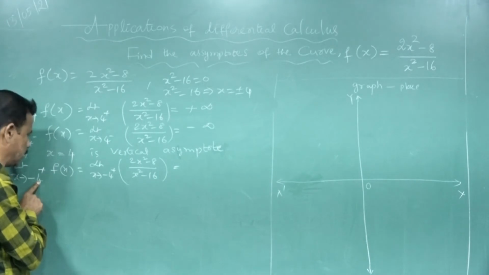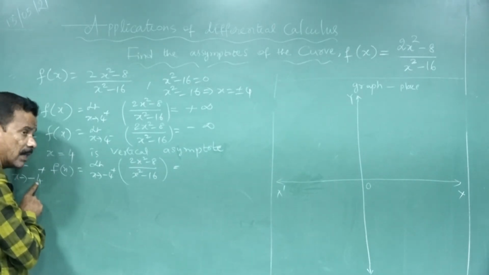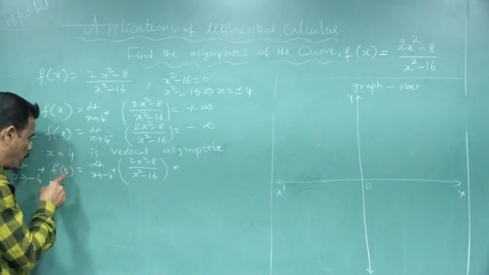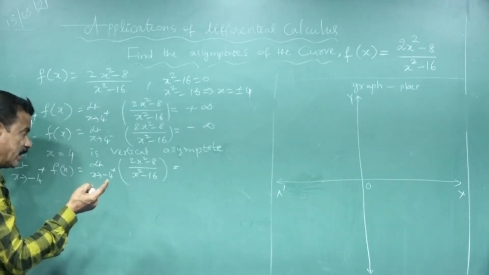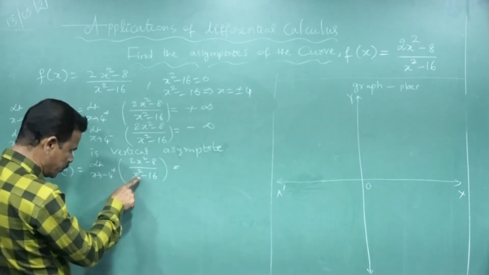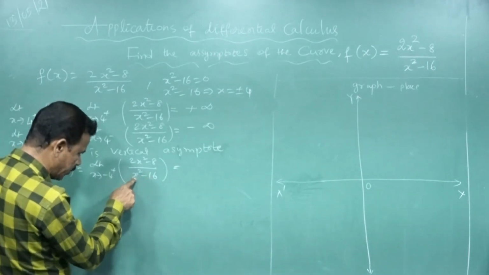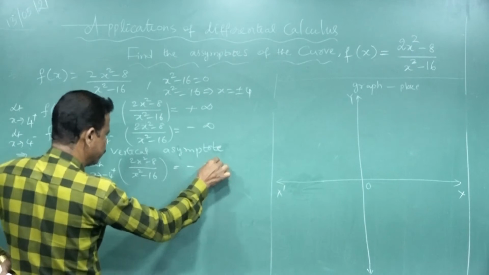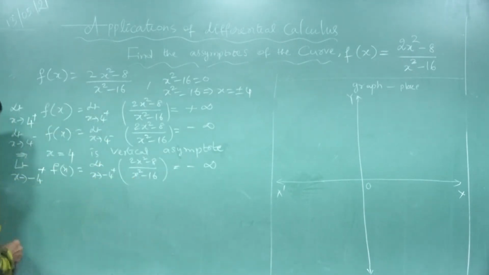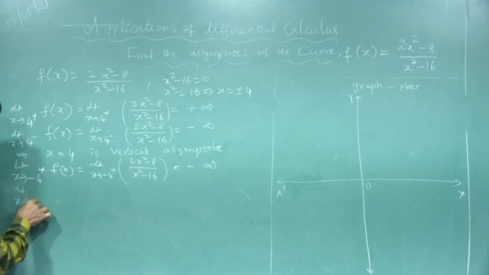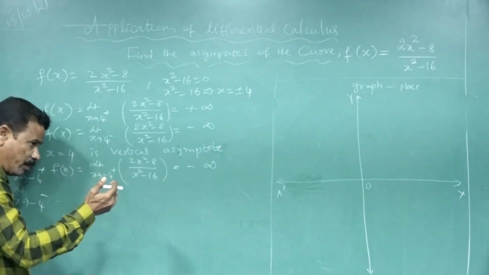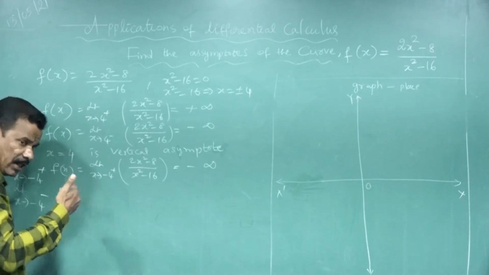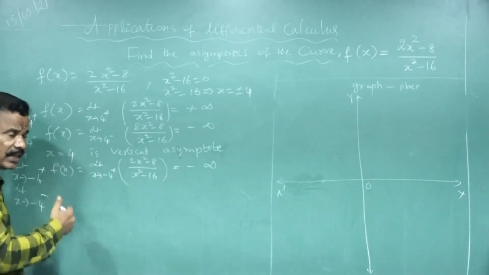Minus 4 plus means slightly above minus 4, like minus 3.9. So x² is compared with 16, some less value coming, so we get minus infinity. Then the limit as x tends to minus 4 minus: minus 4 minus means slightly below minus 4, like minus 4.1 or 4.2, a little value.